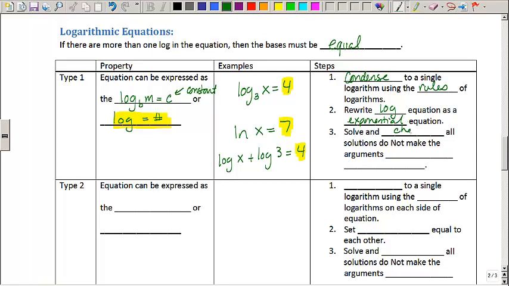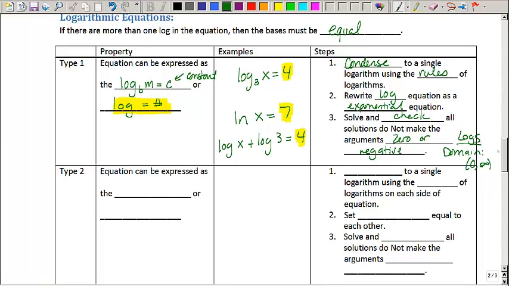Step 3, solve and check all of your solutions to make sure that they do not make your arguments 0 or negative. You cannot have a zero or negative argument because the domain of a logarithmic function is 0 to infinity. So you can only have arguments which are between 0 and infinity, not including 0. And that's for all log expressions.